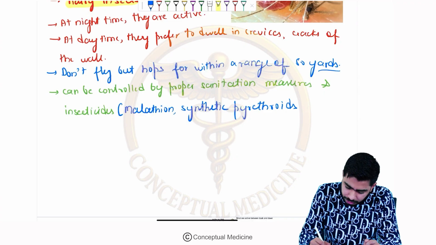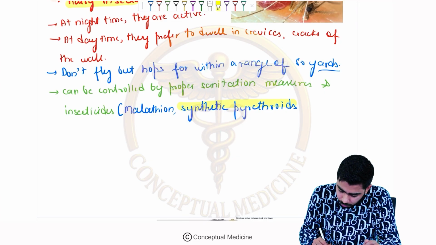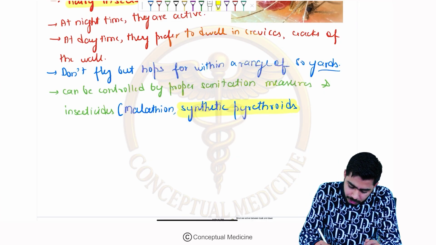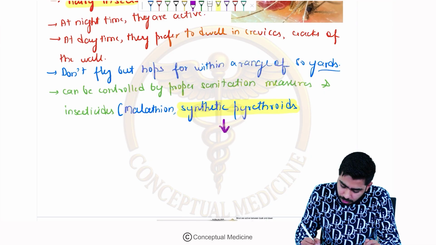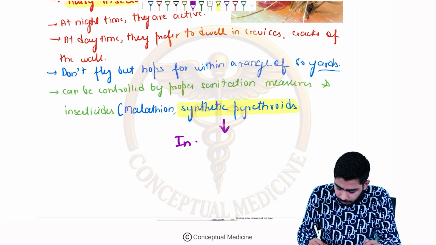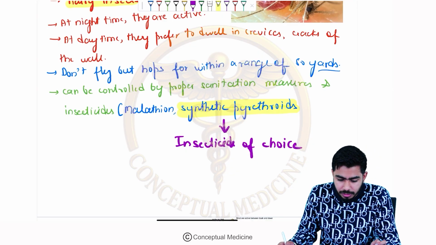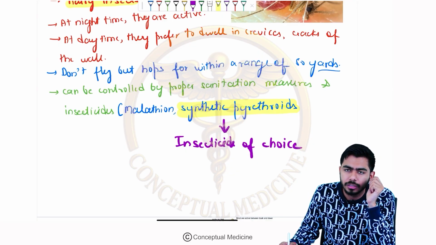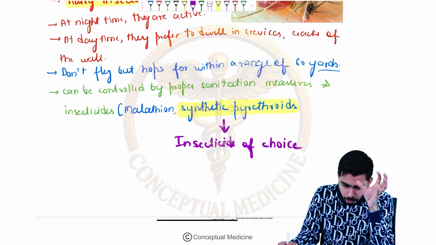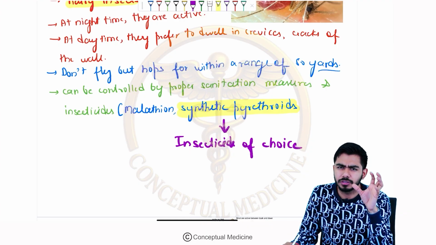Synthetic pyrethroids are the insecticide of choice as far as sandfly is concerned. So these are some important points as far as sandfly is concerned.